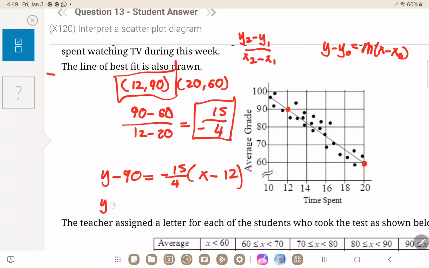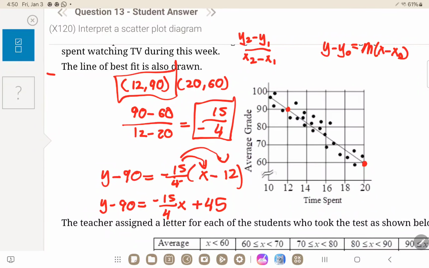So y minus 90 equals negative 15 over 4 x, plus 4 goes with the 12, it becomes 45, when you expand this.